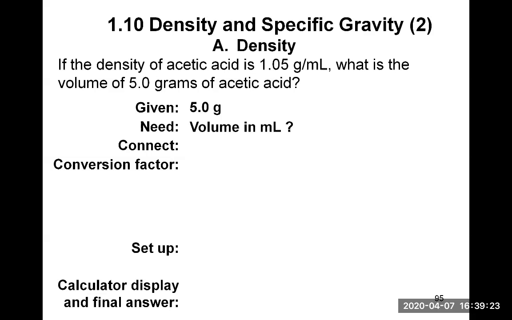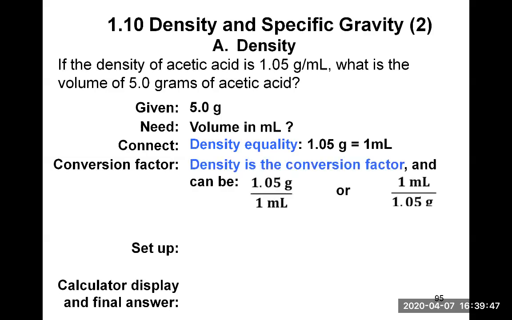And so the density will be our conversion factor, because density can be written as an equality that says 1.05 grams equals 1 milliliter. Out of an equality, we know that we can write 2 conversion factors: either 1.05 grams over 1 milliliter or 1 milliliter over 1.05 grams.